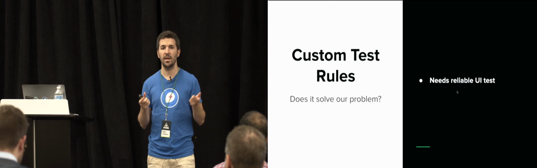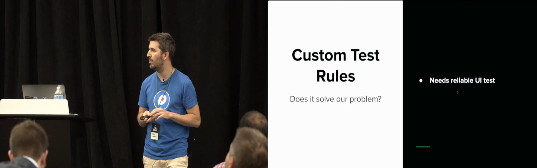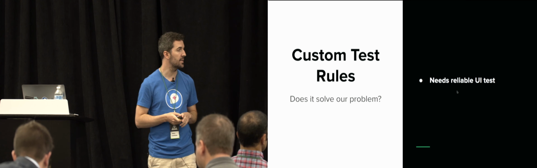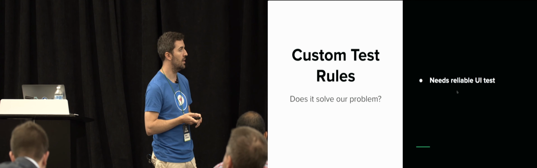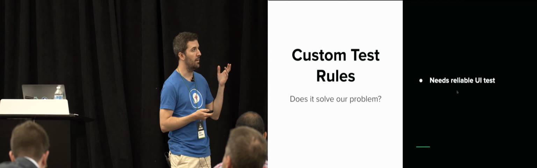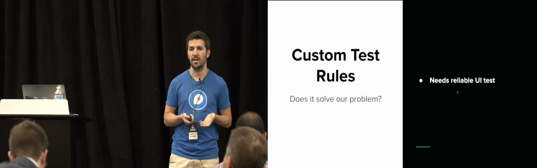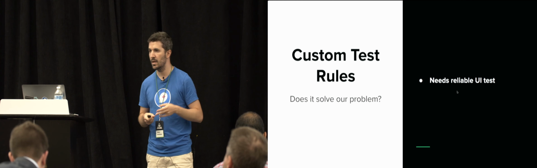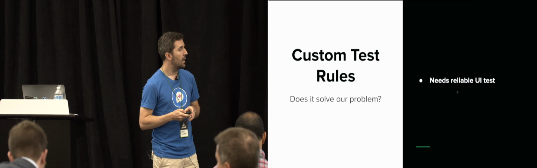You can see in most of the documentation and the test pyramid that UI tests are at the top, which means they are hard to implement. And that was hard for us as well, because you need to make sure that your tests are reliable, especially if there are different components involved.